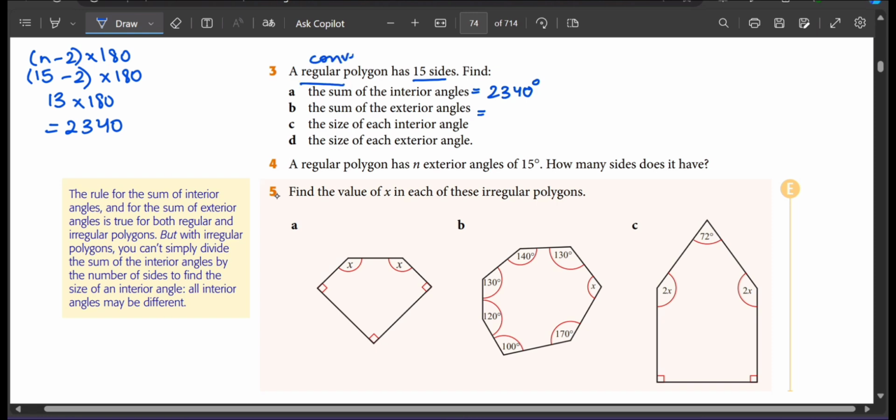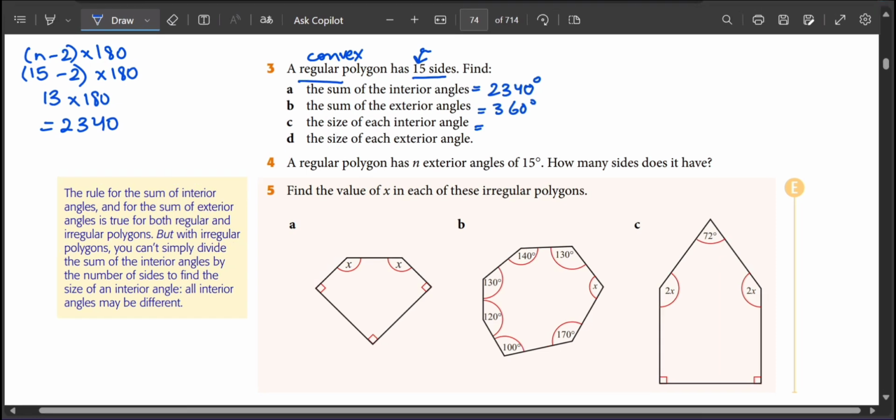The size of each interior angle: for this we are going to follow this part, and 2340 is going to be divided by 15. Yes, and we're going to get the answer 156 degrees. So 156 degrees will be the answer of this part.